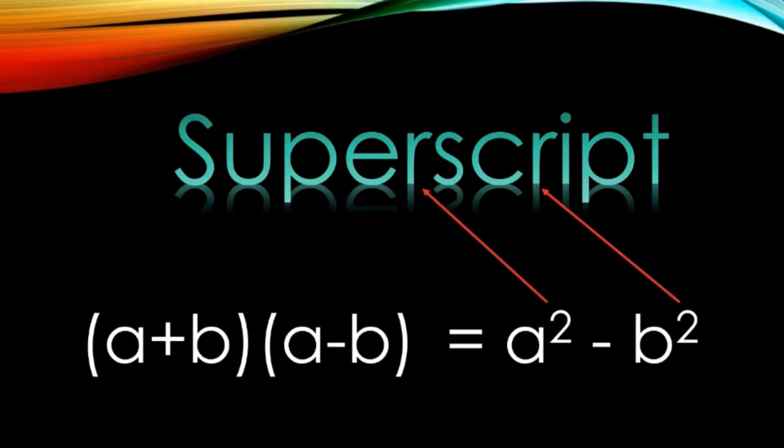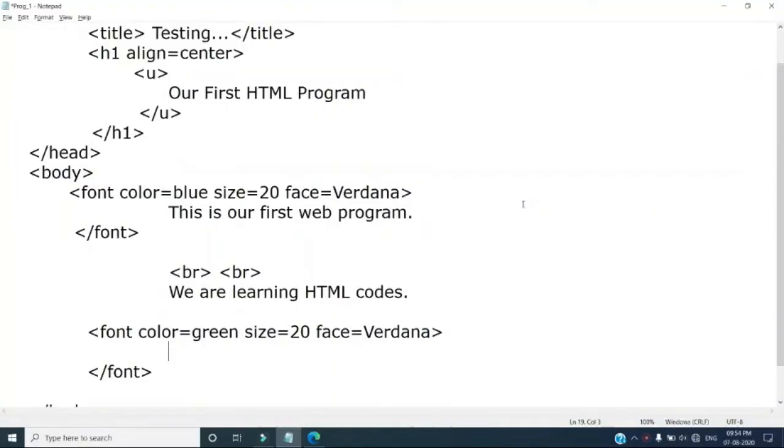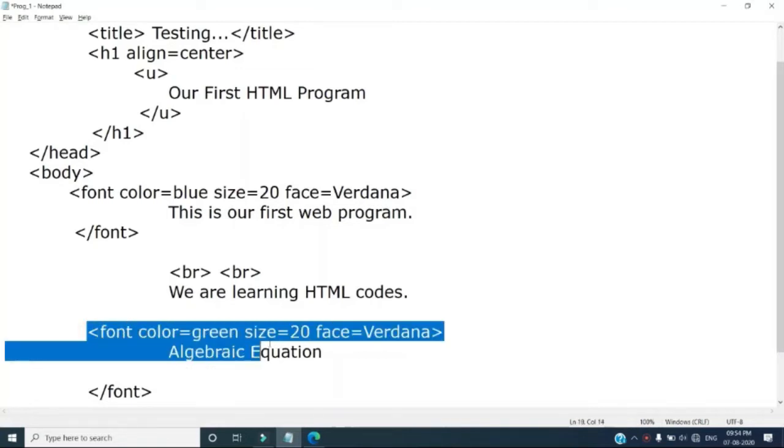So now let's start our coding. We will write our HTML coding here in the first HTML page. So, algebraic equation. And one more thing, so that we can see our output in a better view, I have chosen font color green, size 20, and the face I have chosen Verdana.